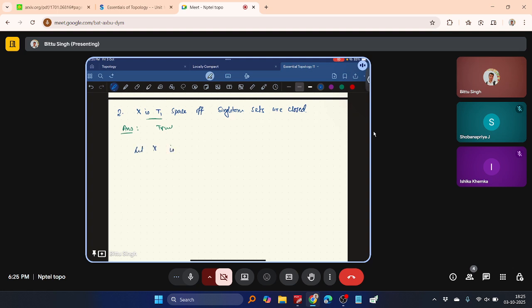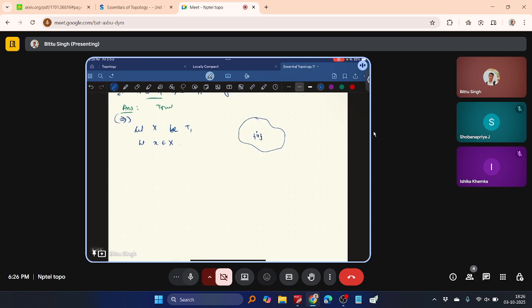Let X be T1. So this implication: T1 will imply singleton sets are closed. We have assumed X is a T1 space, right? We need to prove that this singleton set {x} is closed. Let x belong to X. Now consider all those points from the complement, so y belongs to X minus {x}.